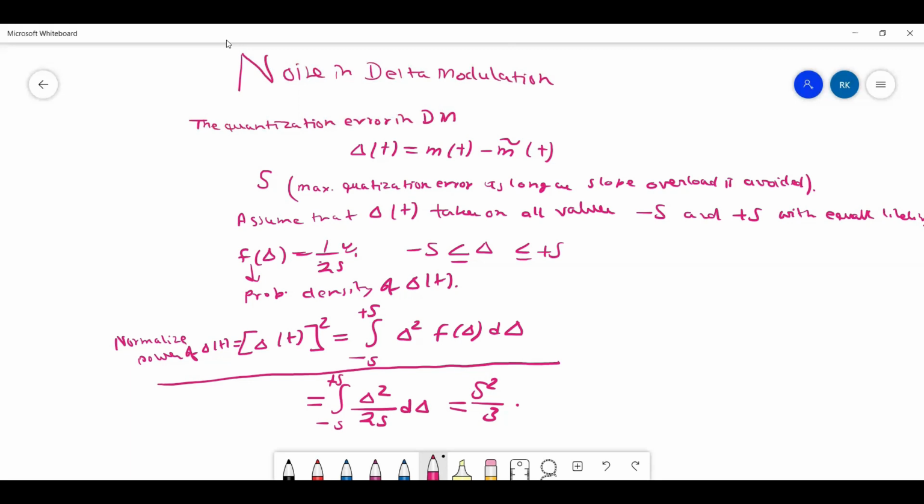Hence the output noise power in the baseband frequency range from 0 to any frequency Fm, Fm being the upper limit of the baseband frequency range, is going to be Nq is equal to S squared upon 3 times Fm upon Fb, which becomes equal to finally S squared Fm upon 3Fb. Remember that Fb here is 1 upon tau and tau is the step duration.